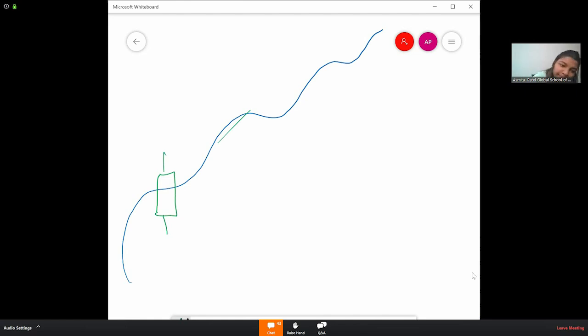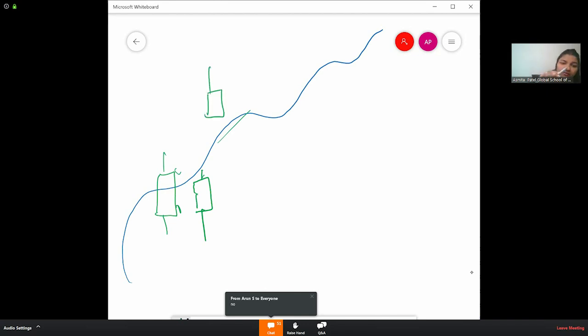This is your Bollinger Bands. This is green candle. Green candle का open नीचे होता है, close ऊपर होता है. So did this candle closed above the upper Bollinger Band? Yes or no?